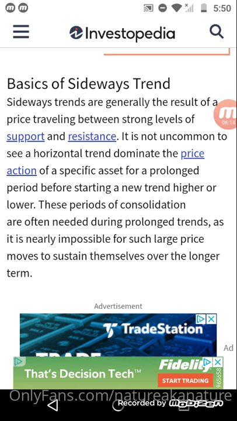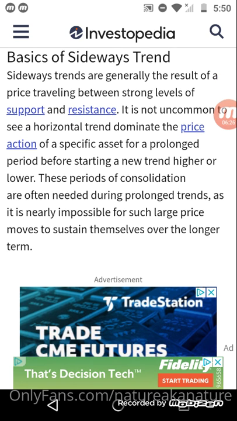That's another thing consolidation does: it builds up momentum before actually starting a new trend, higher or lower. These periods of consolidation are often needed during prolonged trends, as it is nearly impossible for such large price moves to sustain themselves over the longer term.